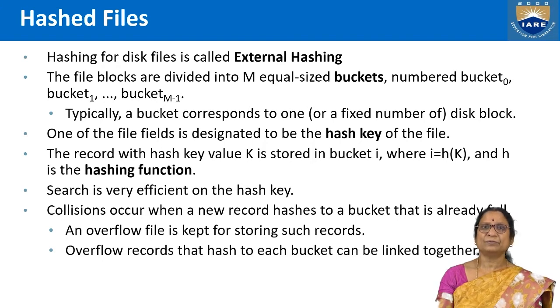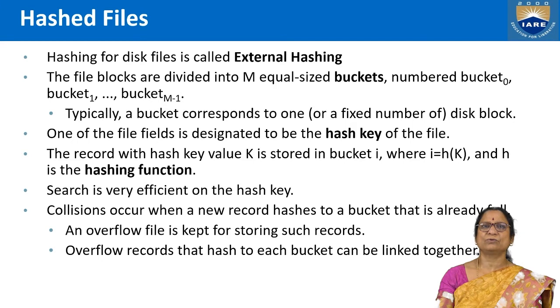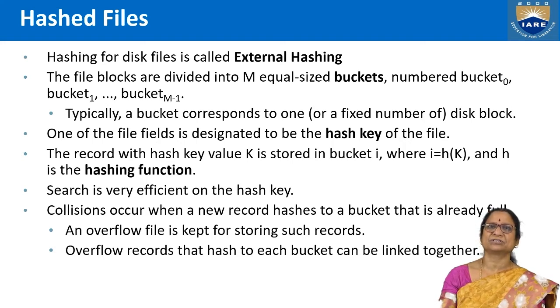How do we map which key is to be stored in which bucket? For mapping, a function is used known as a hashing function. This function is a combination of some mathematical operations, etc. So the record with the hash key value k is stored in a bucket i such that i is equal to h of k, where h is the hash function.